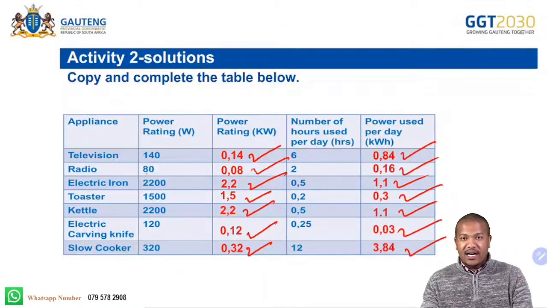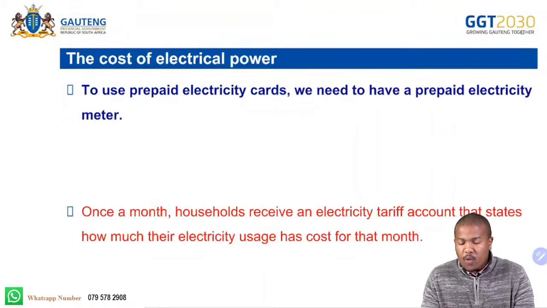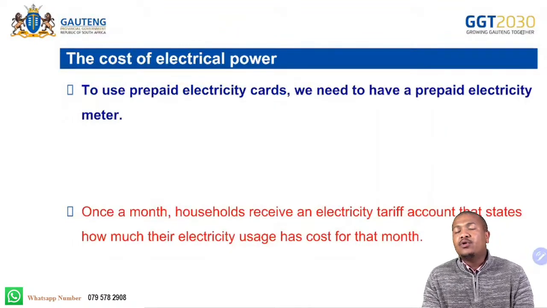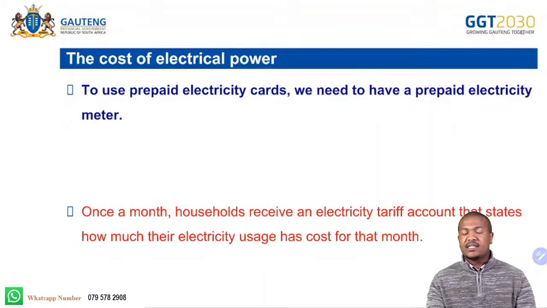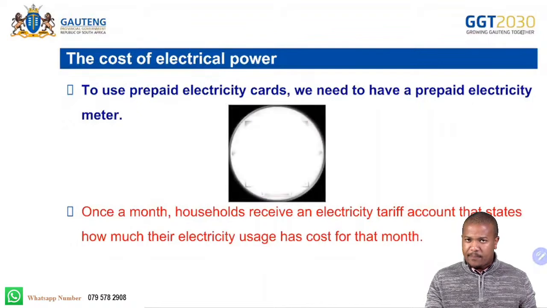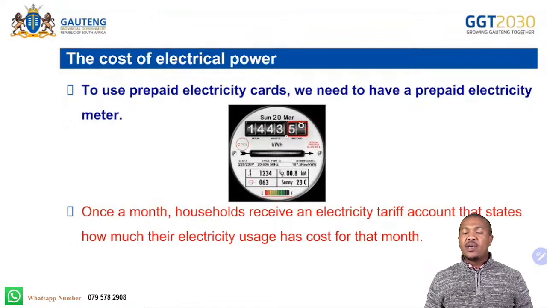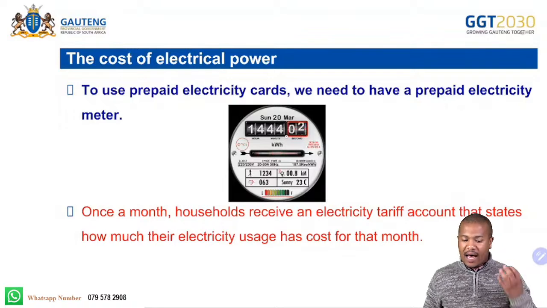Right, welcome back, grade 9s. Now let's move on together. So we said that we can calculate the cost of electrical power. To use prepaid electricity cards, we need to have a prepaid electricity meter that can give us information in terms of how much power we have used per kilowatt hour.